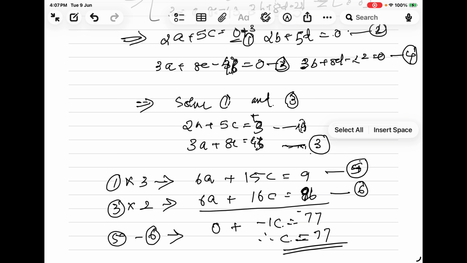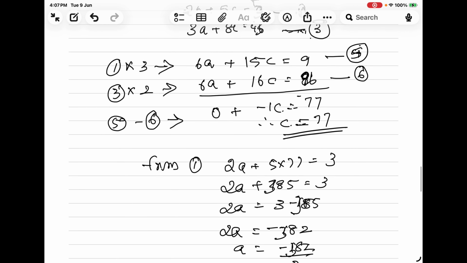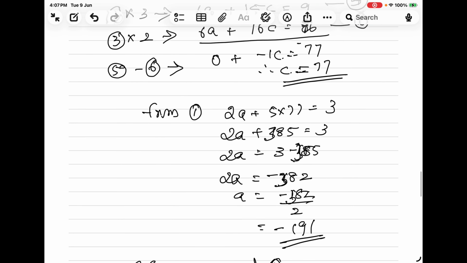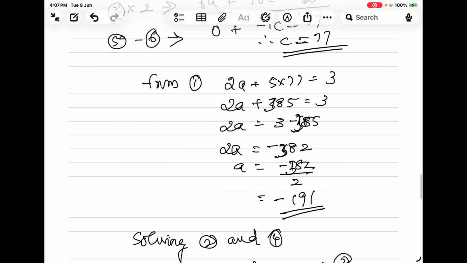Then c equals 77. Putting this in 1, we get 2a plus 5 into 77 equals 3, so 2a plus 385 equals 3. 2a equals 3 minus 385, that is negative 382. So a equals negative 382 divided by 2, which is negative 191.